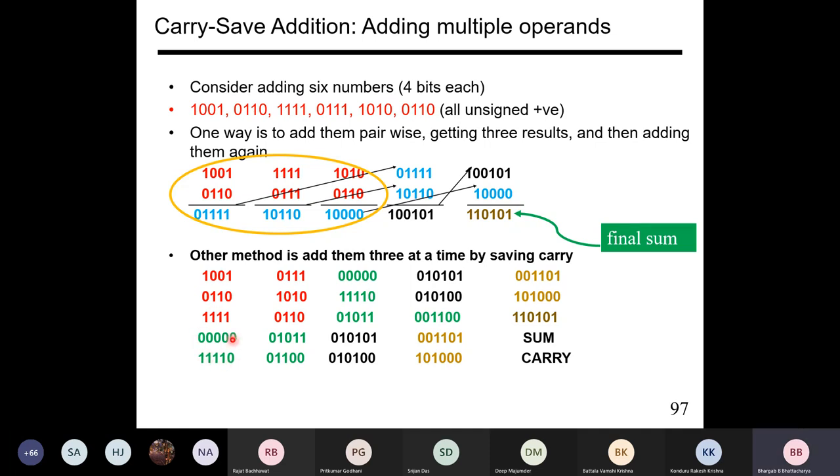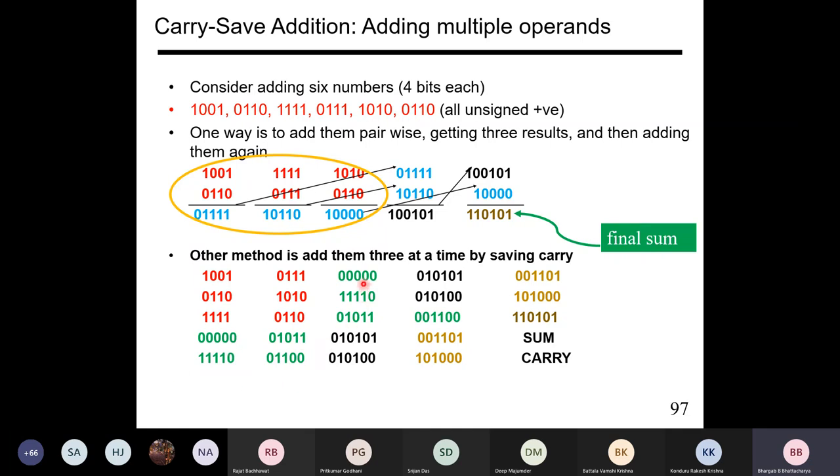I do this separately. So these are all sum bits. 110, 110, then 2, 1 again. So all zeros. And these are the carry bits separately. So I generate the sum bit and carry bit separately. And then I have these 4 terms here, right?